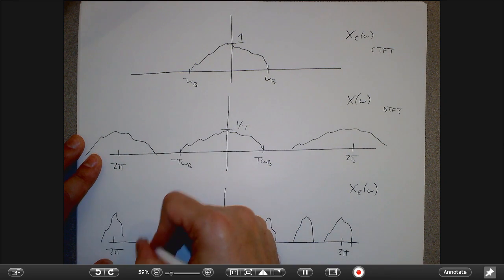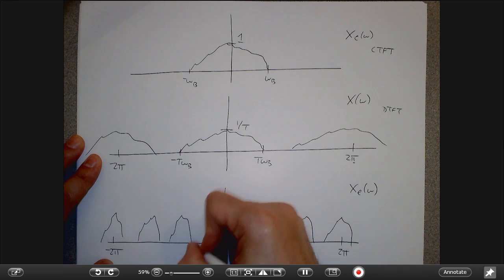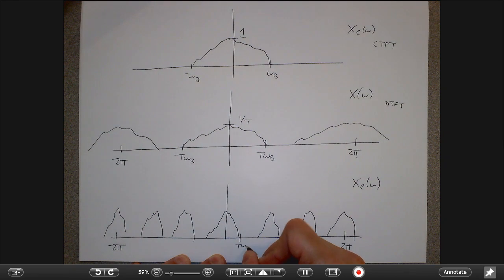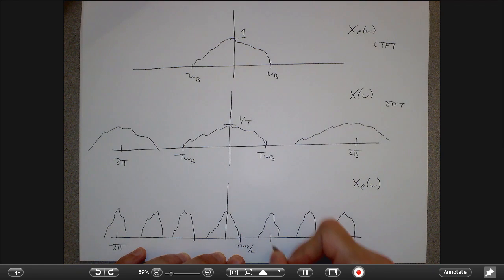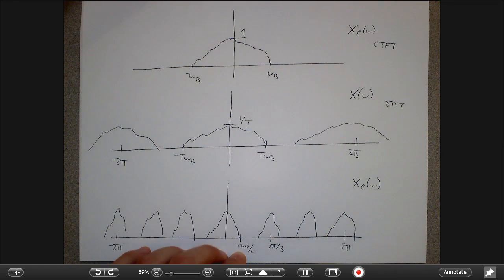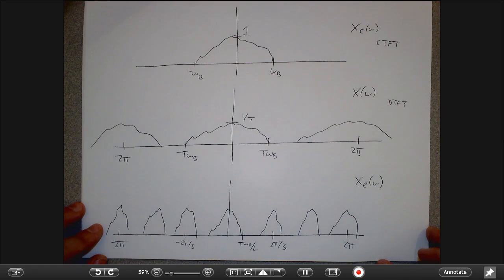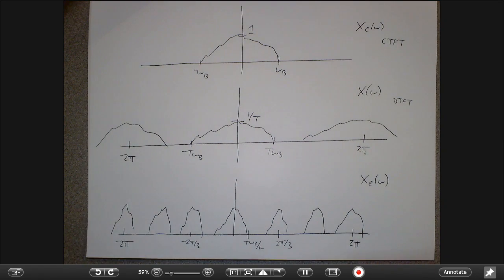Now all I'm doing is I've squeezed this together, and this guy becomes T omega B over L, and the first copy occurs at 2 pi over 3, and the next copy occurs at minus 2 pi over 3, and so on.